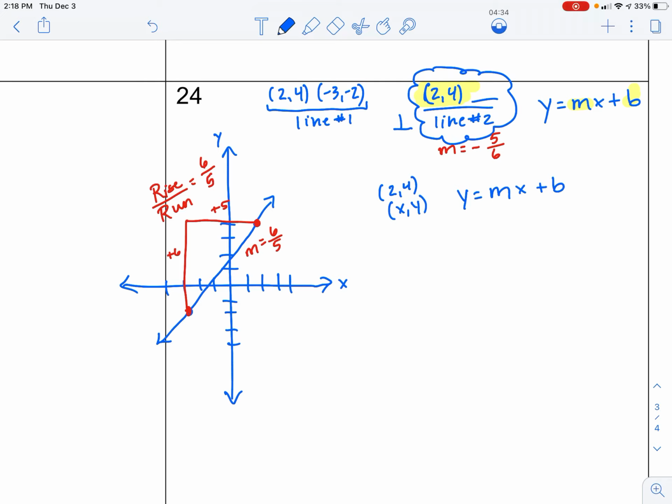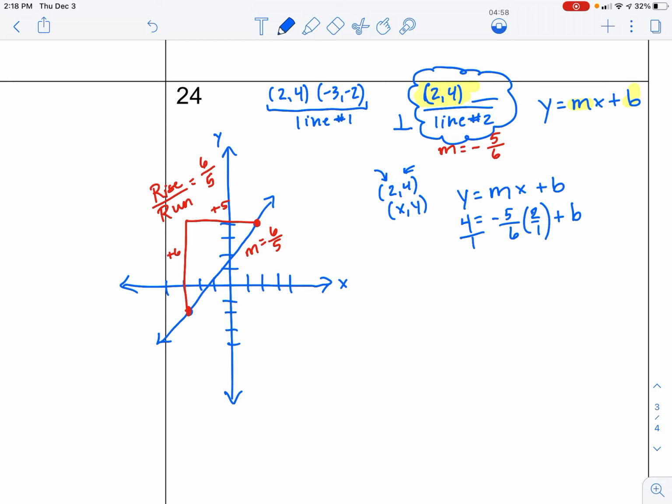So then I'm going to substitute in what I have. I have my slope, which is -5/6. I have x, which I'm going to grab from right here out of my set of points, is 2. I'll put that over 1, plus b, which I do not know. y happens to be this 4 that's in that set of points, and I'll put that over 1 as well. Now let's do a little math here.